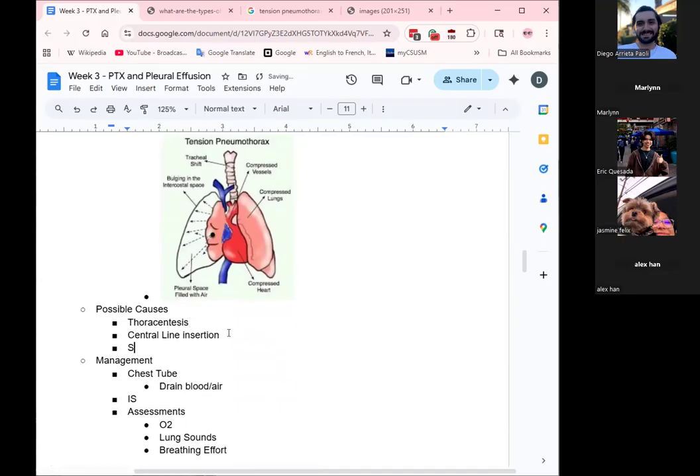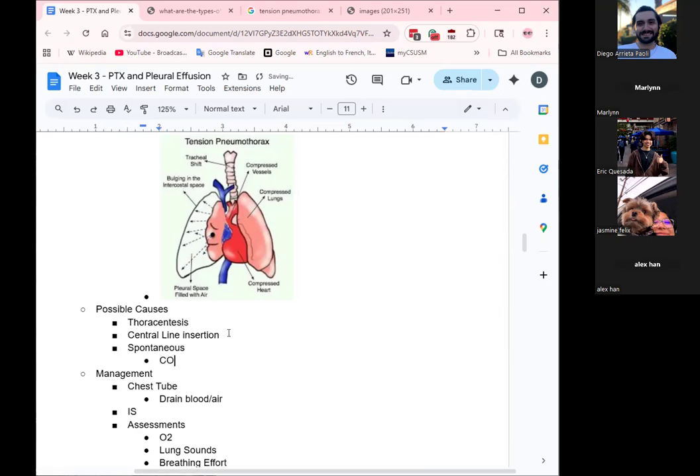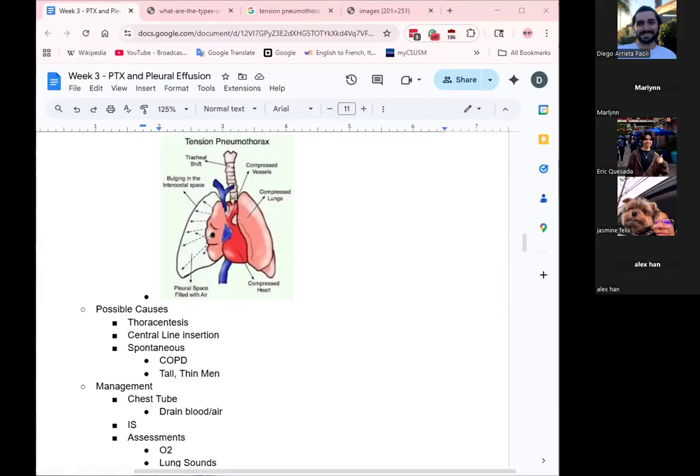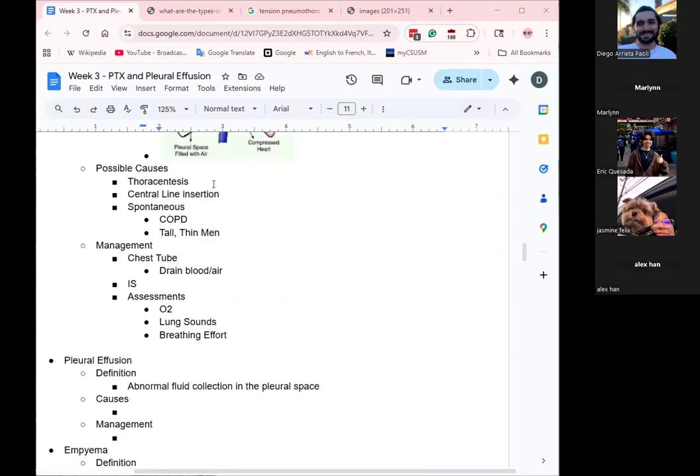And sometimes it could just be spontaneous, more likely in people with COPD. Tall, thin men in particular, for some reason, are more likely to develop a spontaneous pneumothorax. And then obviously trauma.